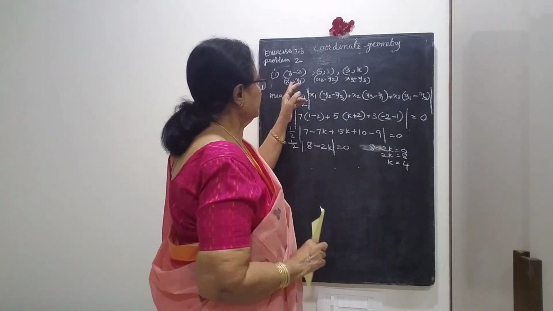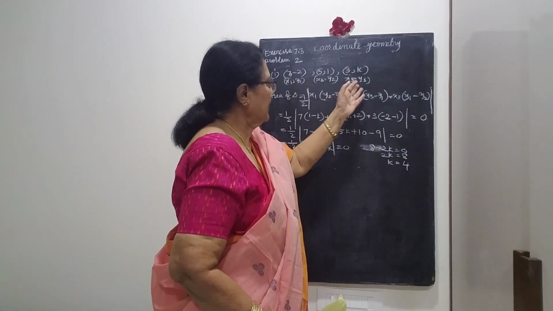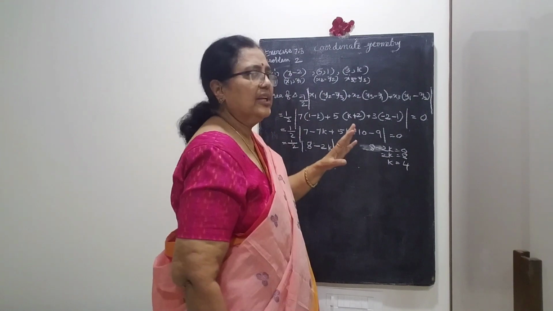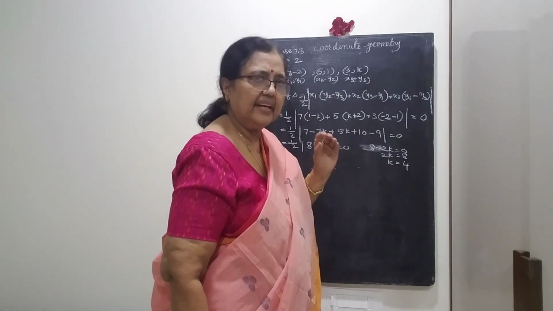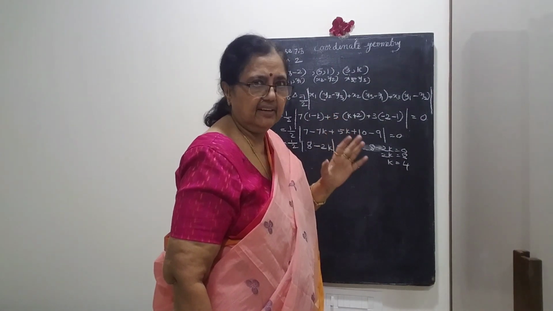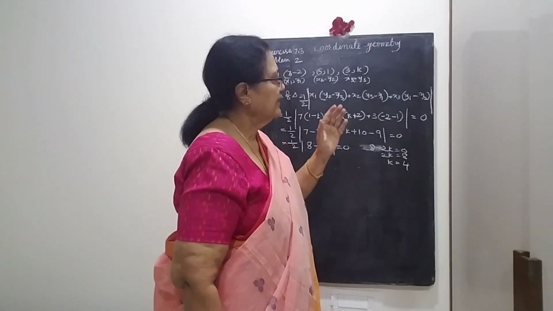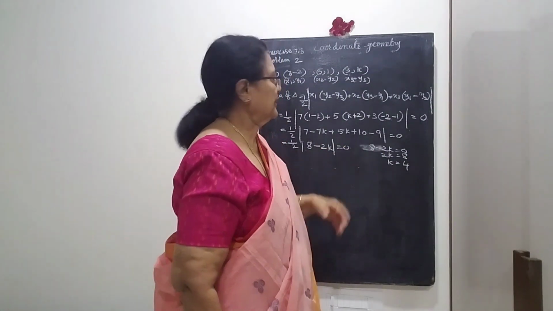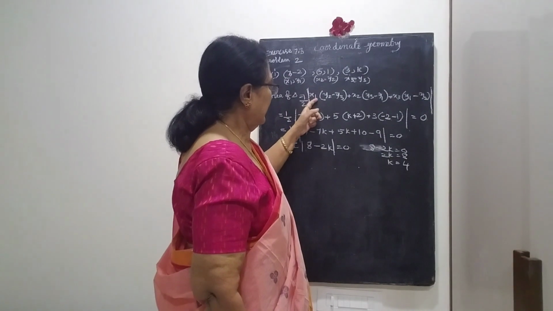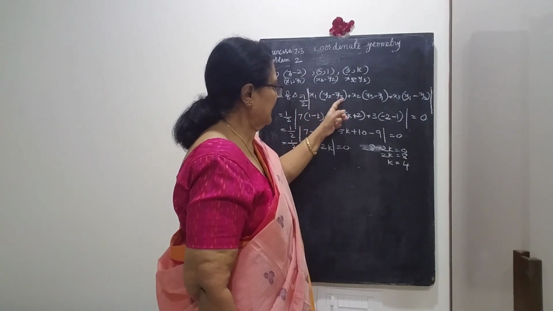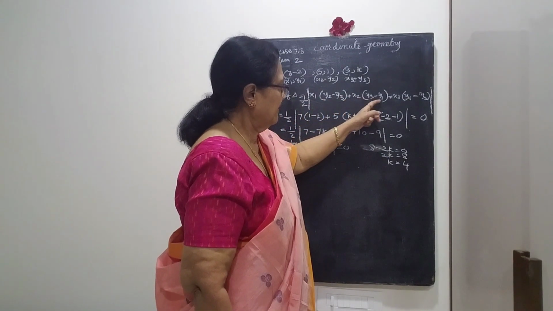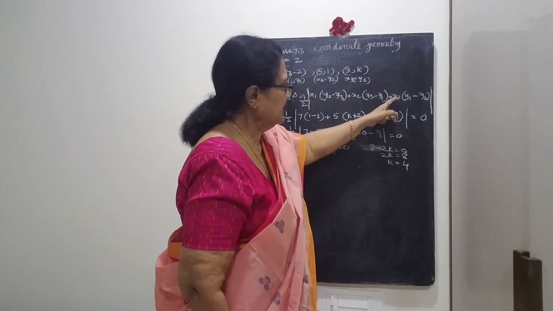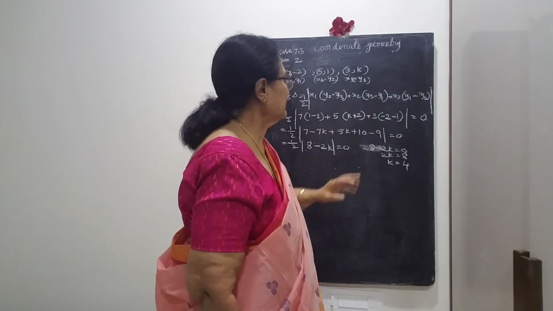See, can you understand? Three points he has given. They are collinear, he said. Collinear means the area of the triangle is 0. The area formula you have to take and equate with 0. So half into x1 into y2 minus y3 plus x2 into y3 minus y1 plus x3 into y1 minus y2.